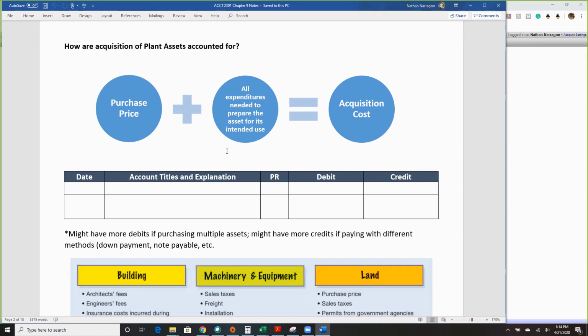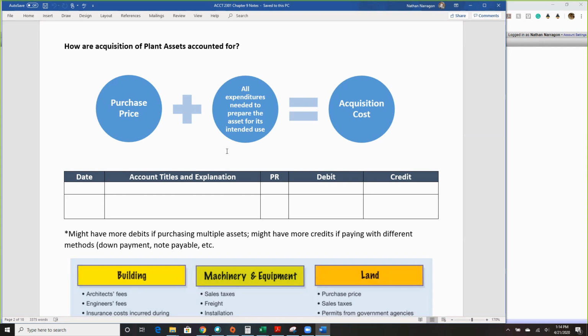Next, to figure out the actual cost of the fixed asset, we will need to take every expenditure, so that means every expense that is needed to prepare the asset for its intended use. And this list can be big, but it's in the normal course of business.